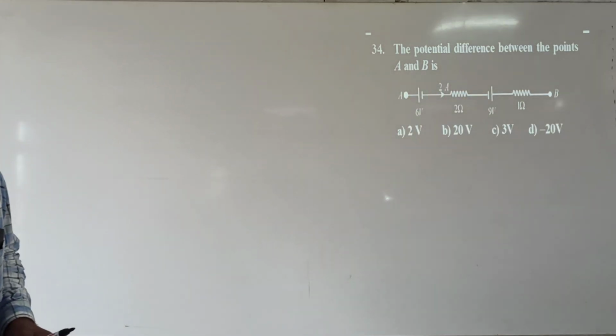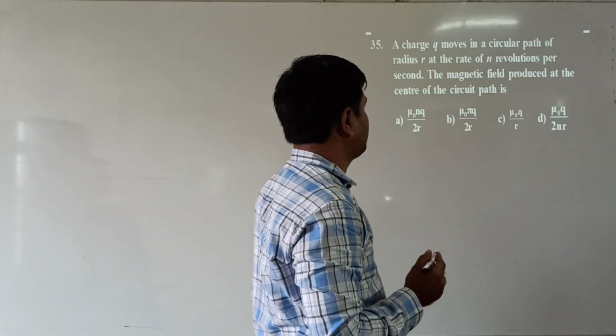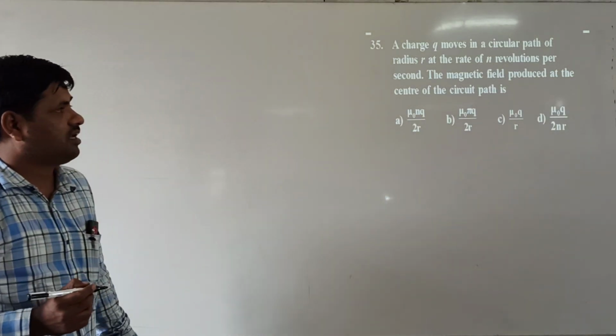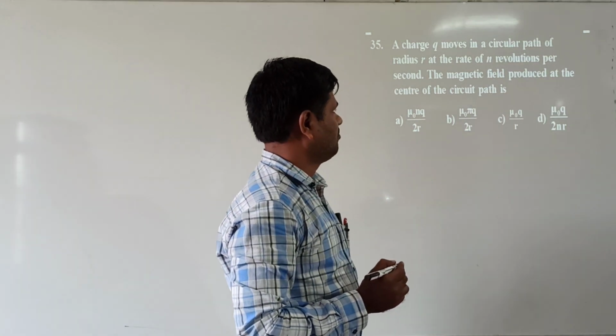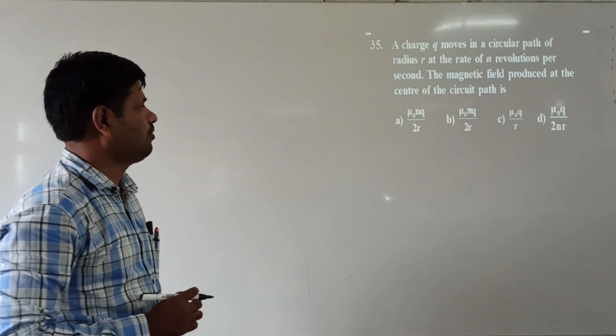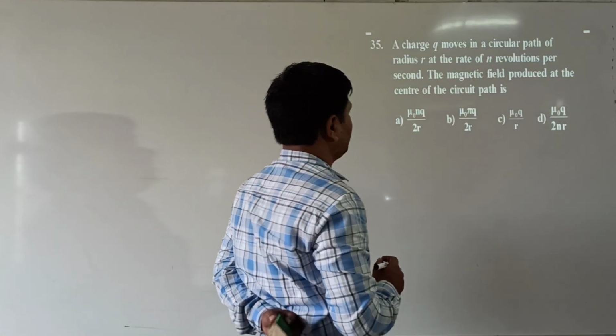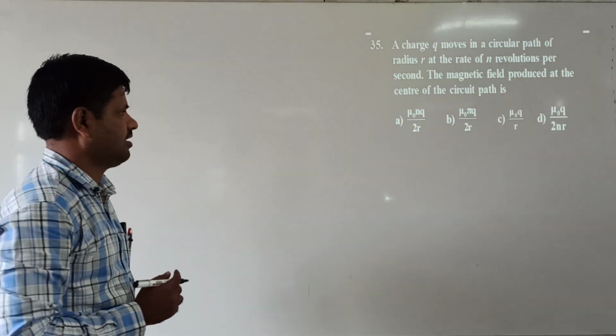Next, question number 35. A charge Q moves in a circular path of radius R at the rate of n revolutions per second. The magnetic field produced at the center of the circular path is required here.